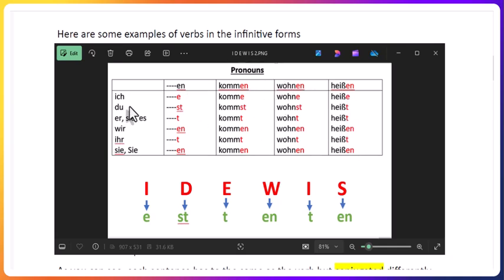Then you come to the pronoun. The ending changes. Then you come here, then you fight for your life.